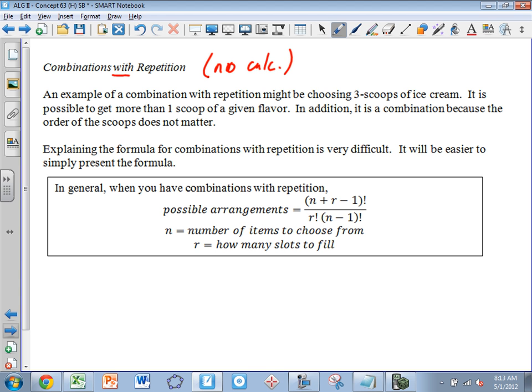Okay? So first, an example of a combination with repetition might be choosing 3 scoops of ice cream. And think about it for a second. What flavors do you have? If you have a ton of different flavors, say you have Baskin Robbins, you got 31 flavors in front of you.